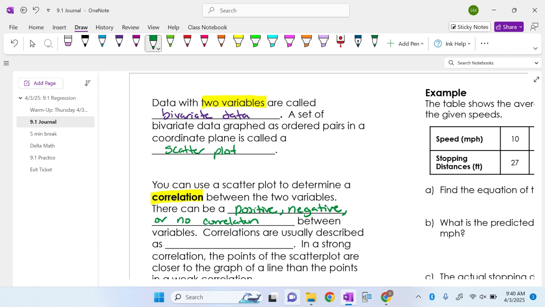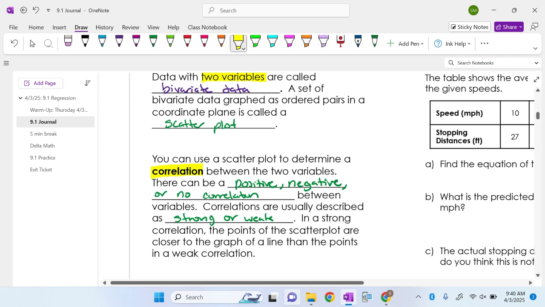Correlations are typically described as either strong or weak. In a strong correlation specifically, the points of the scatter plot are closer to the graph of a line than the points of a weak correlation. We'll look more in depth at what that looks like in a little bit. For right now, we're just getting through some vocab.